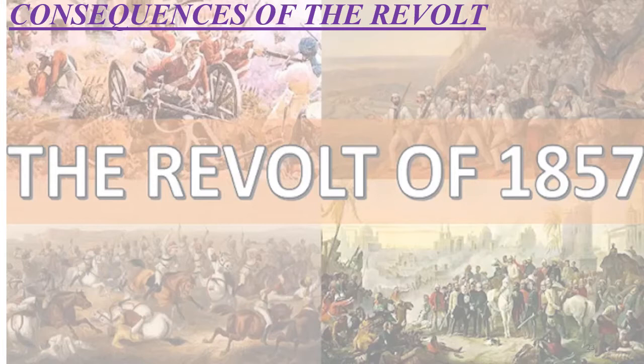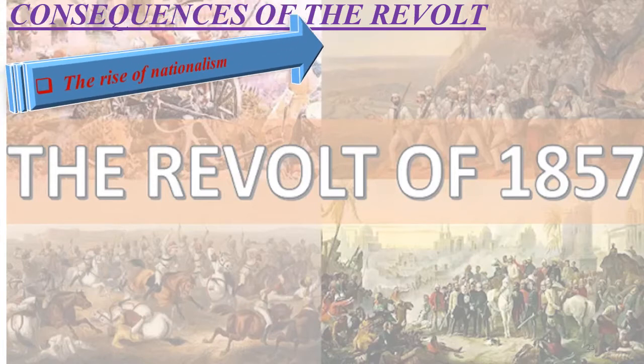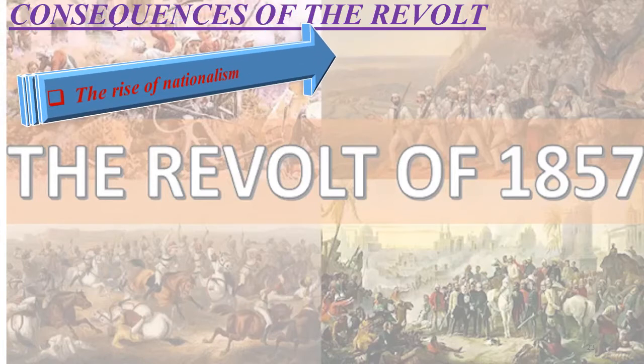There were many consequences of the revolt, which we'll discuss here in brief. The revolt serves as a source of inspiration for the future nationalists. In that sense, the revolt of 1857 may be considered the first war of Indian independence.